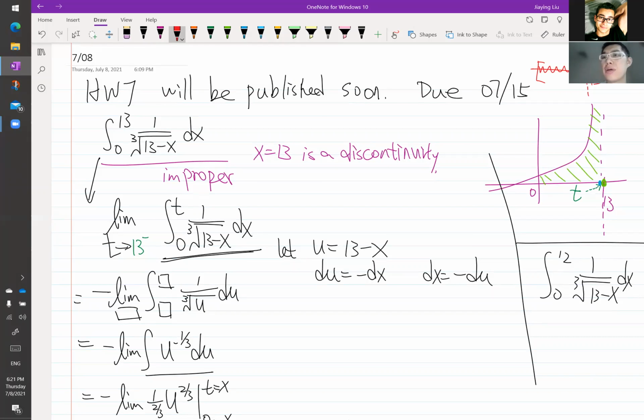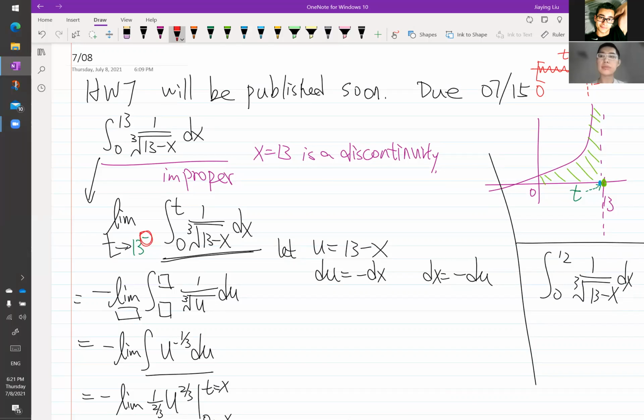So t will be approaching 13, but from which side? Well, t has to be somewhere in the part that we're integrating over, so somewhere in that interval from 0 to 13. The only way that t could approach 13 is from the left side of 13. So that's why I picked the 13 minus here.